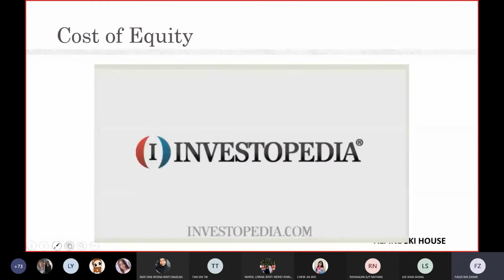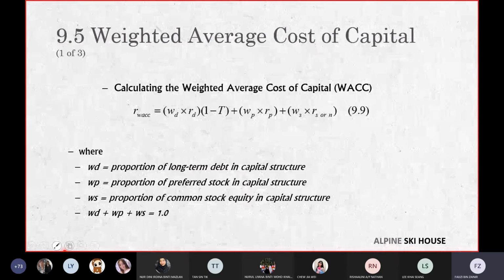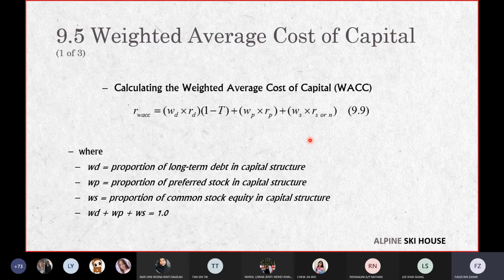Okay, so there's another side of looking at the cost of equity. Okay, let's look at the final wrap here. We are looking at the weighted average cost of capital. We need to evaluate the average cost of everything here.